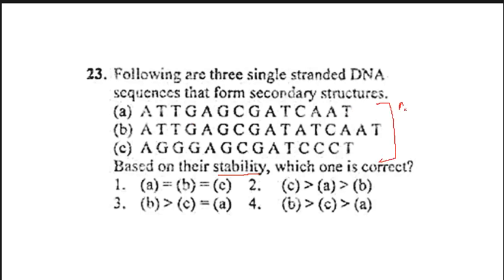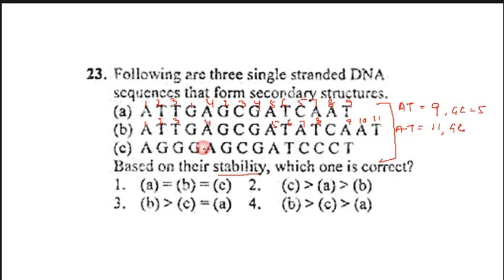First of all, AT in the first strand is equal to 1, 2, 3, 4, 5, 6, 7, 8, 9. 9 ATs are there. And how many GC? 1, 2, 3, 4, 5. 5 GCs are there. Let's find out for the second. 1, 2, 3, 4, 5, 6, 7, 8, 9, 10, 11. 11 ATs are there.